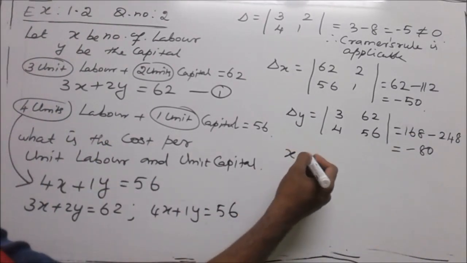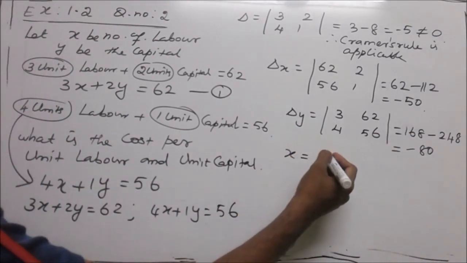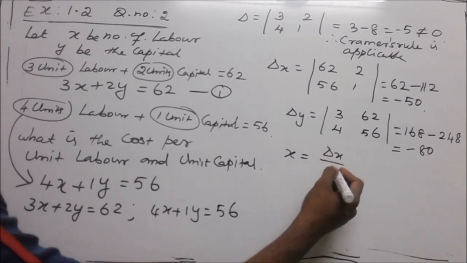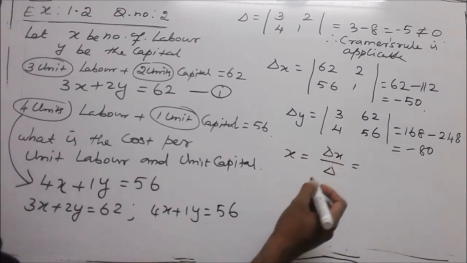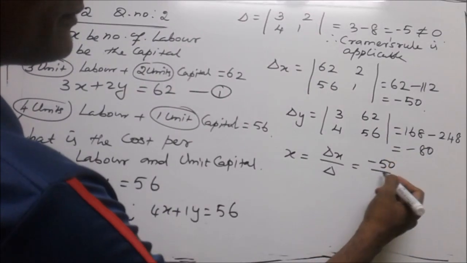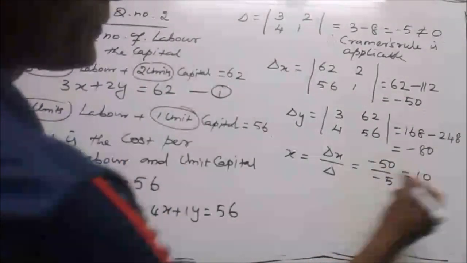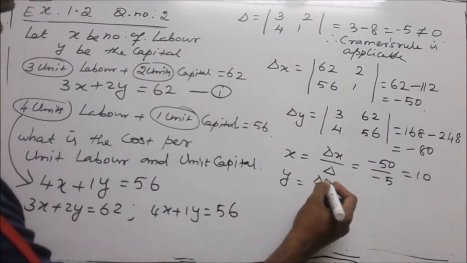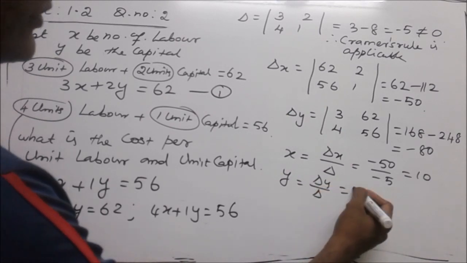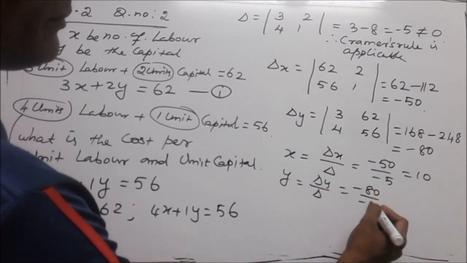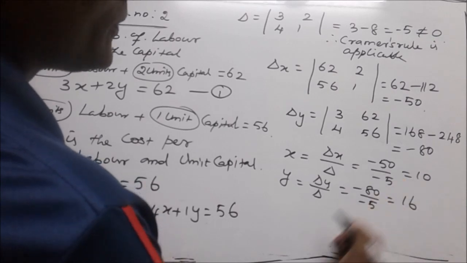Therefore, by Cramer's rule, x is equal to delta x by delta, that is equal to minus 50 divided by minus 5 equal to 10, and y equal to delta y by delta, that is equal to minus 80 by minus 5 equal to 16.